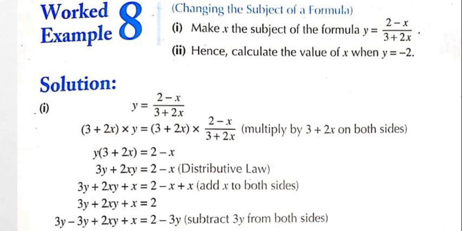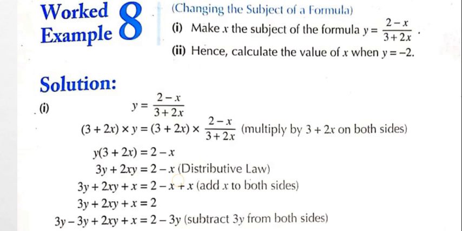So 3y plus 2xy equals 2 minus x. Now, because we want the x, right? Let's group x's together on one side. We can move the x's to the left side and the others to the right side.